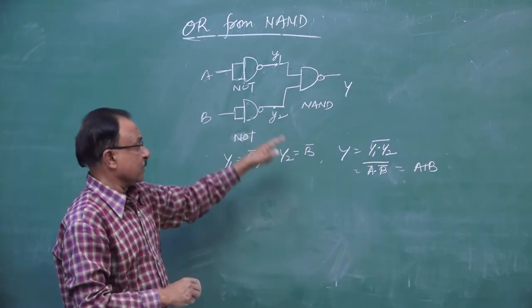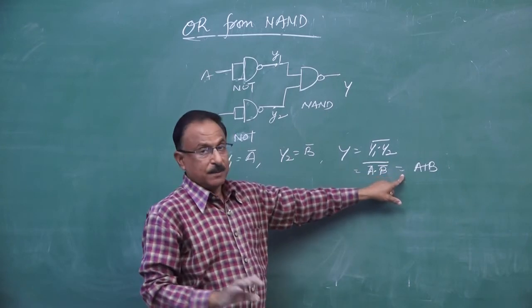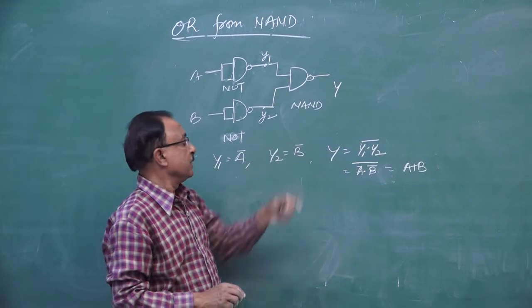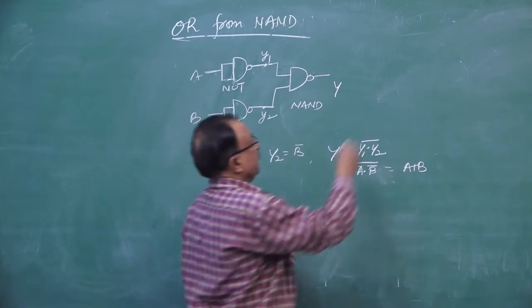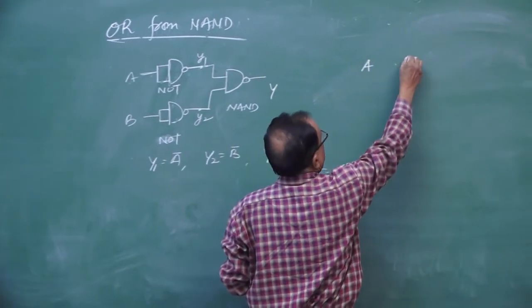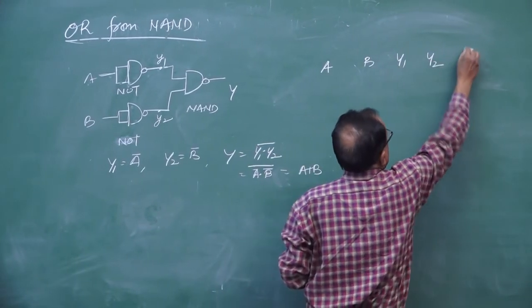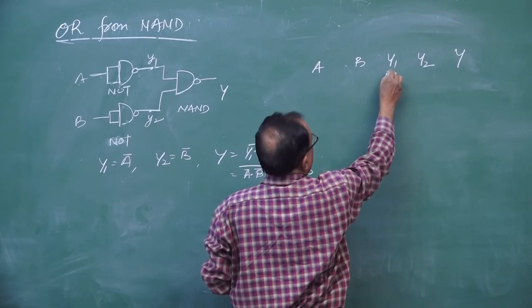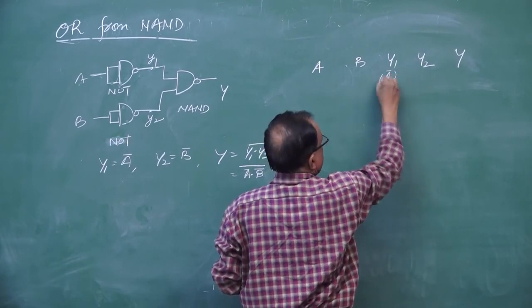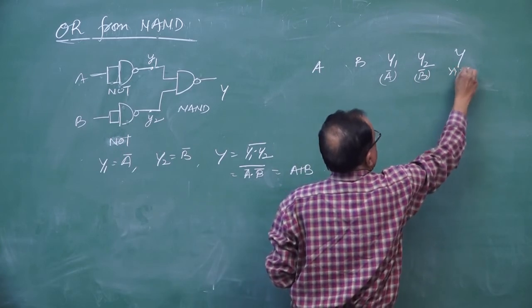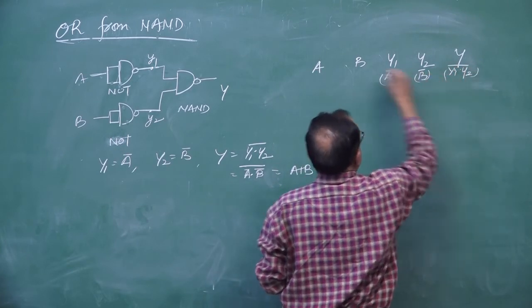Now how can we check it? We don't know about Boolean algebra yet, but we can check whether it is true or not by making the truth table. We can use A, B, Y1, Y2 and Y. Y1 was A naught, Y2 was B naught and Y was (Y1 into Y2) naught.